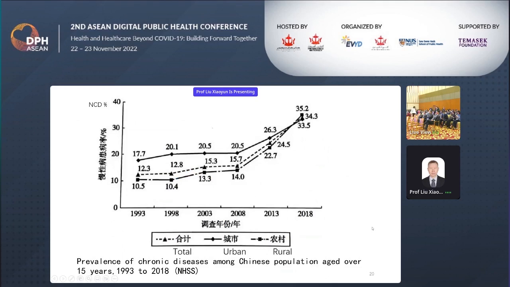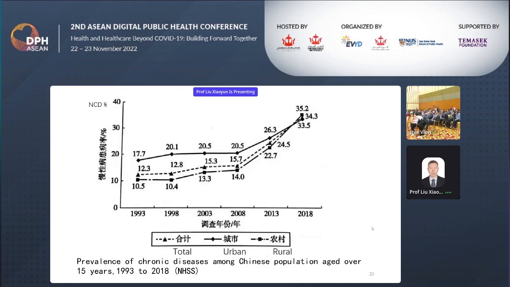But the high disease burden of chronic diseases is a big concern in the current Chinese health system. This is data from the National Health Service Survey. We have a National Health Service Survey every 5 years, starting from 1993. We see the rapid increase of the prevalence of chronic diseases from 12% to 34% over the last 25 years.